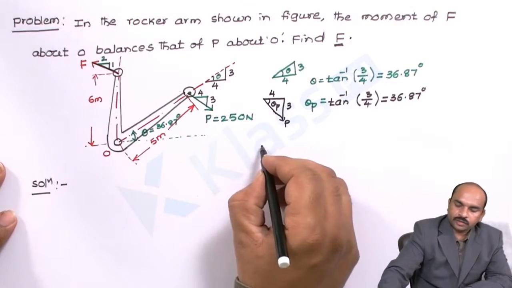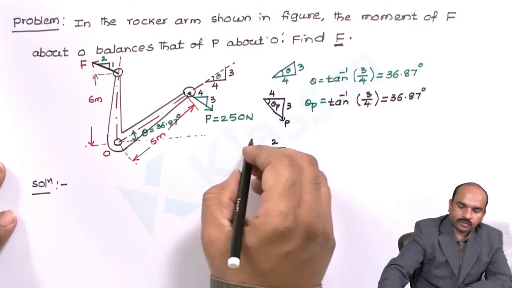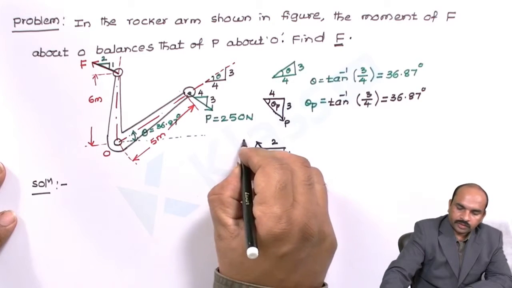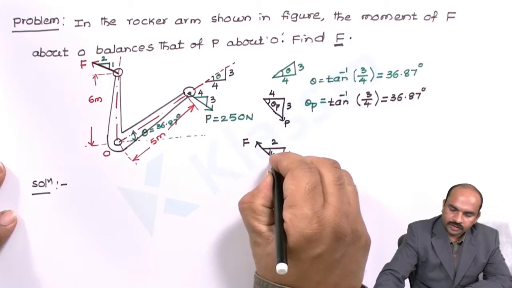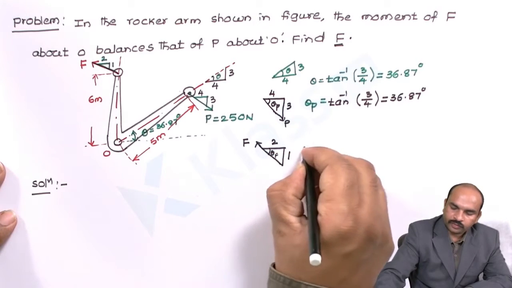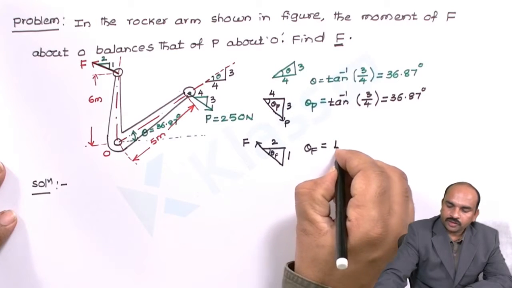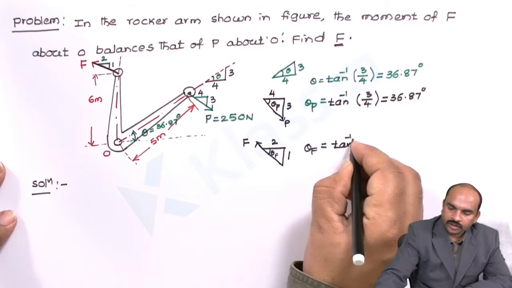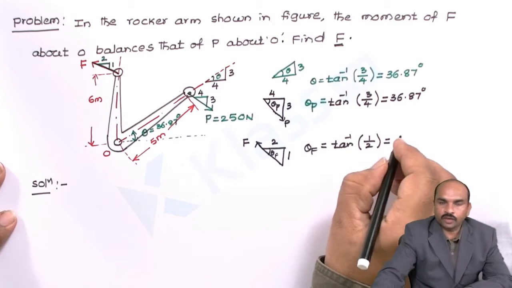Now let us calculate this angle theta F. So this slope you can see is 2, 1, and this is the angle of the force. So let this angle be theta F. So theta F equals tan inverse opposite by adjacent, that is 1 by 2.